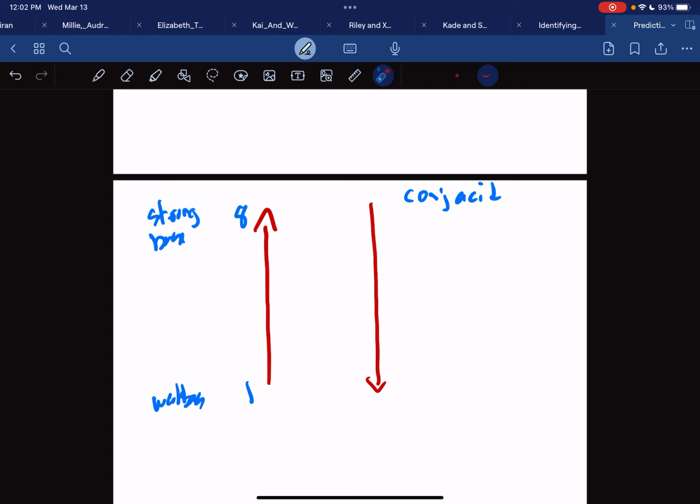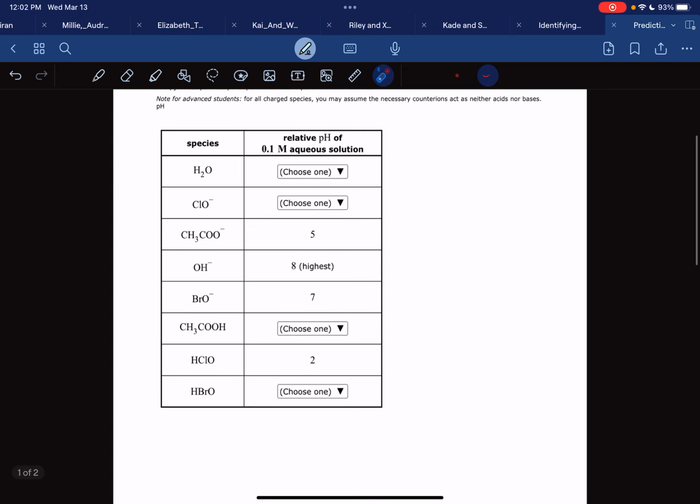So what they're doing is cutting this right across the middle, and giving us 4 bases and 4 acids. So if we number 8 down through 5, then we'll know simultaneously what 4 through 1 is. So let's go back up to our top and take a look at what they've given us to start off with.